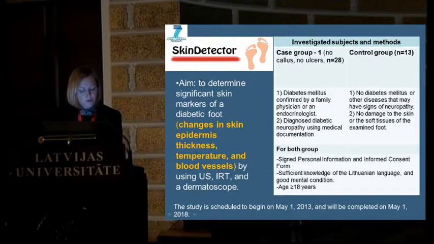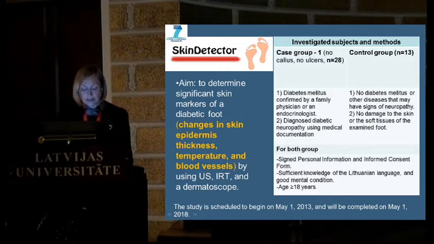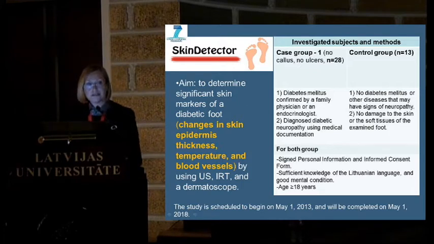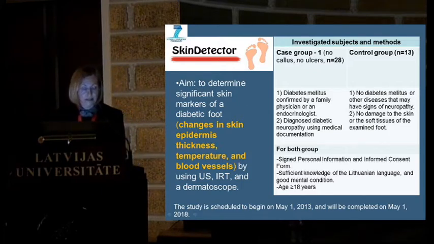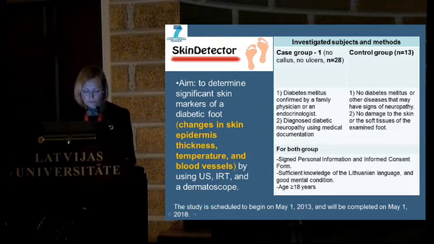Under the 7 Framework Project, we performed a skin detector clinical study to determine significant skin markers of a diabetic foot, changes in skin epidermis, thickness, temperature, and capillaries by using ultrasound, infrared tomography, and dermatoscope.